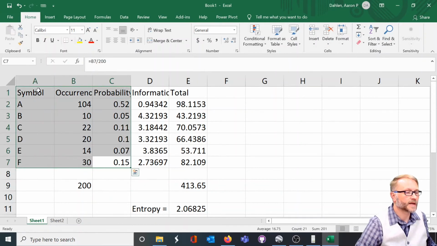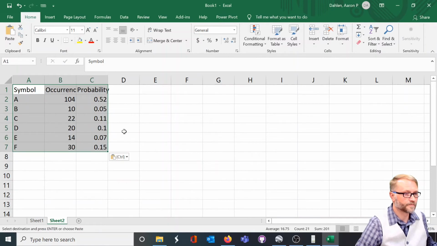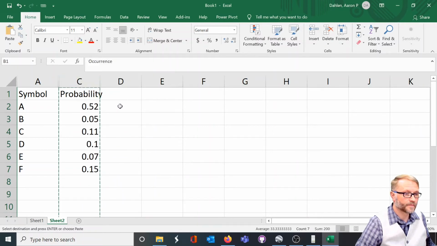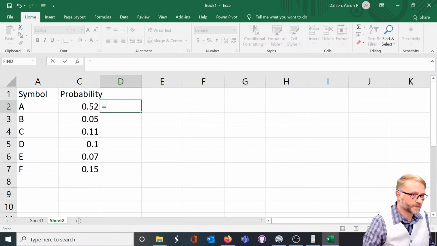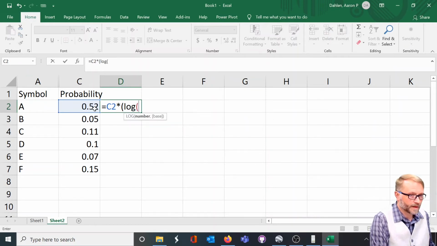We'll start by copying this and pasting it. We can hide this column because we're not interested in the occurrence anymore once we have the probability. Now for the equation, we take the probability and we multiply by log of 1 divided by this cell divided by log of 2.